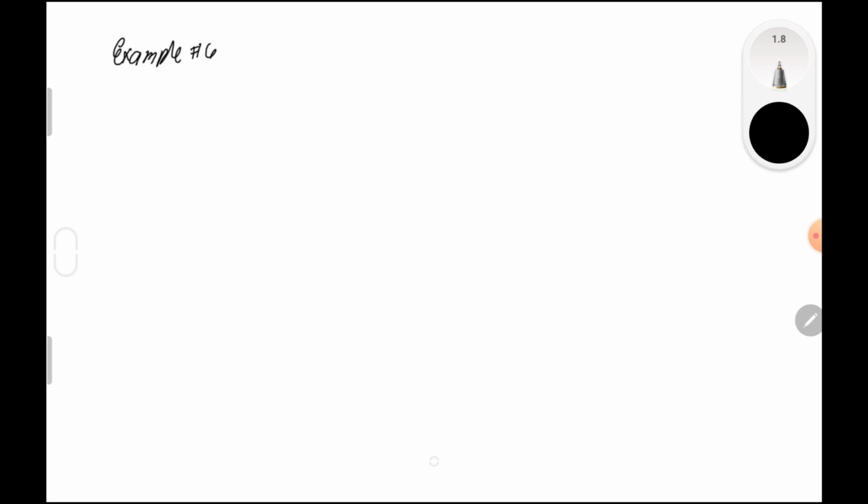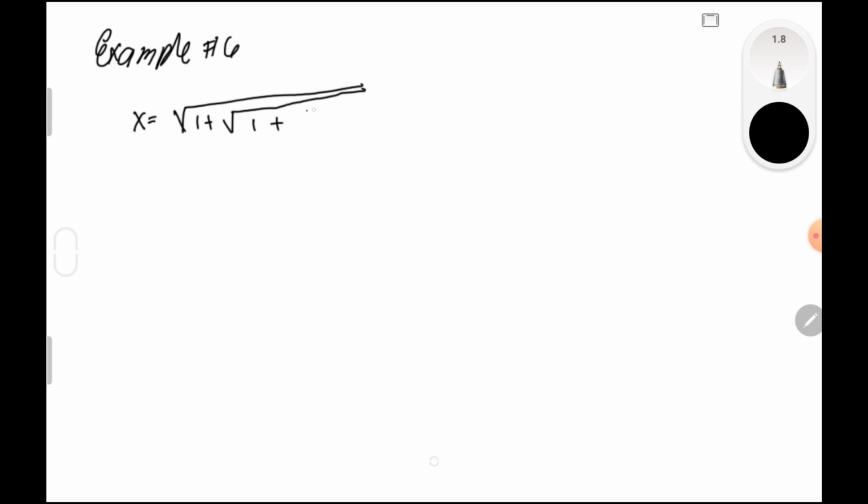Example number 6. Let's have x is equal to square root of 1 plus square root of 1 plus square root of y.